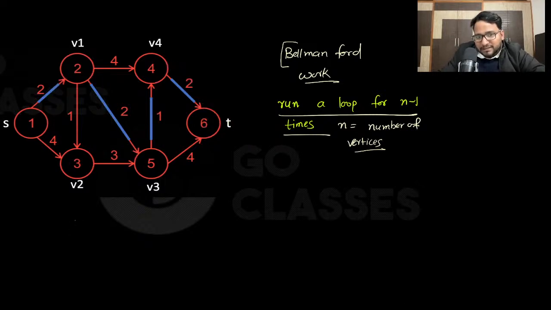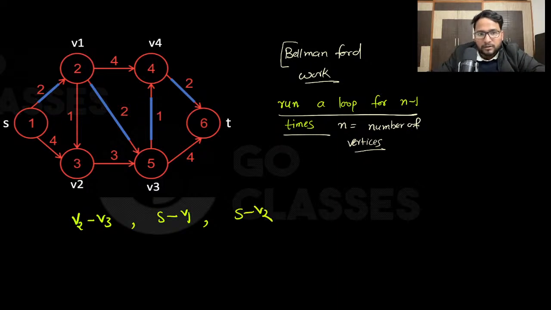Suppose I relax in this order: B2 to B3, and then maybe S to B1, and then S to B2. Let me write a random order here.